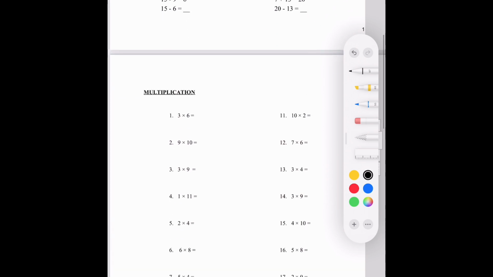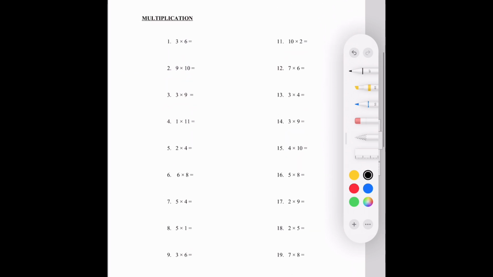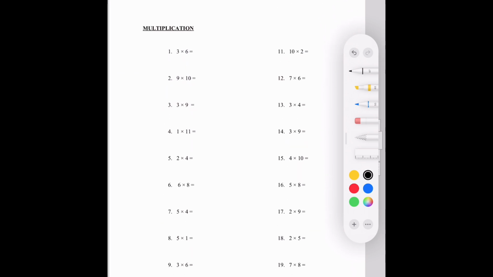Okay, now multiplication. Multiplication is basically thinking blank groups of blank. So in 3 times 6, it's 3 groups of 6. Let's say you have a group of 6, then another group of 6, and then another group of 6. So this is 3 groups of 6, right?